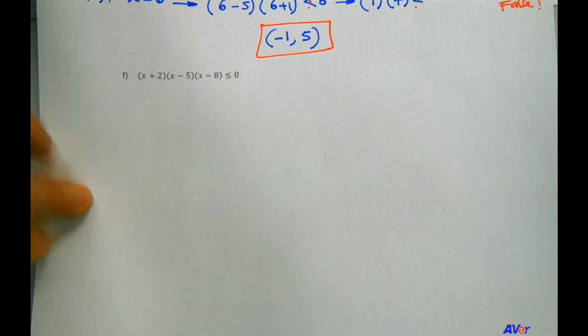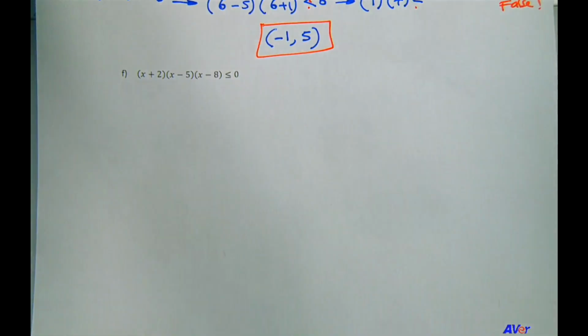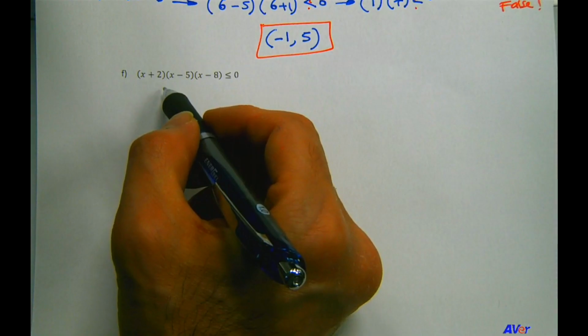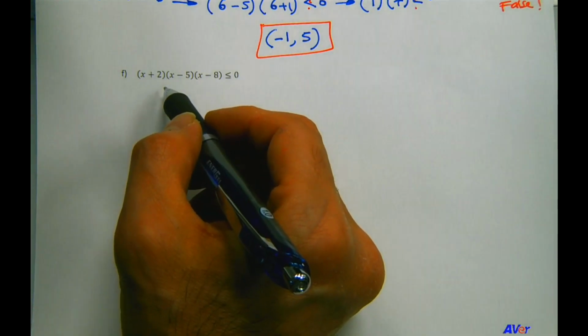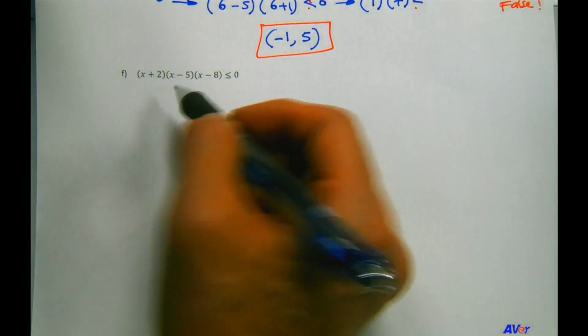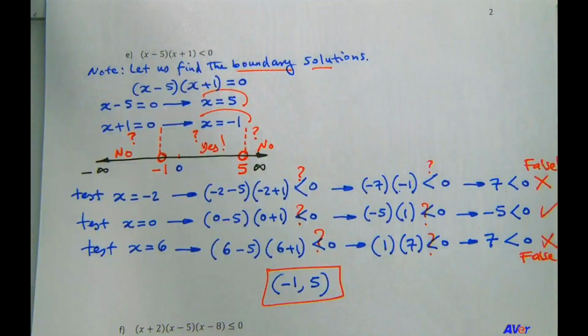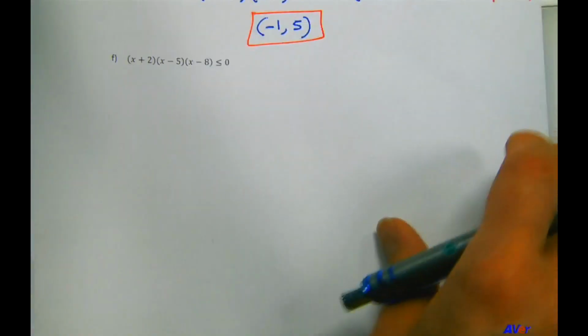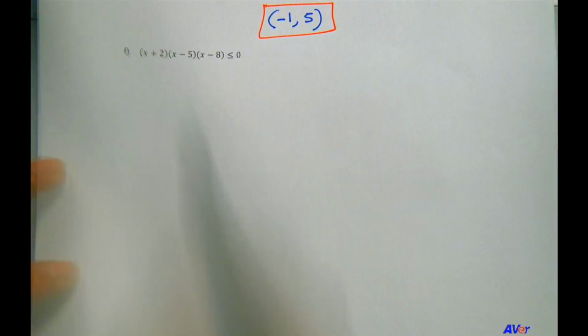Before we find the boundary solutions, let me ask you this. When we find the boundary solutions, are they going to be part of the final solution? Or like the previous example, they're not going to be part of the final solution? Which is it? If you answered yes, you're absolutely correct.